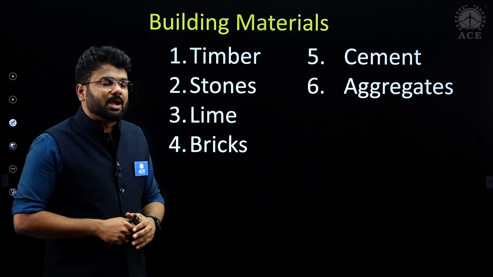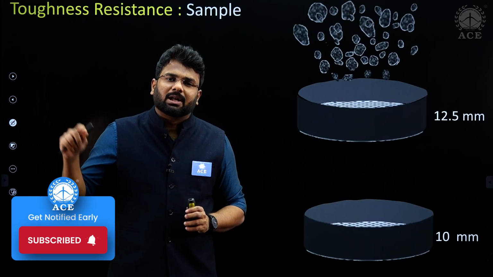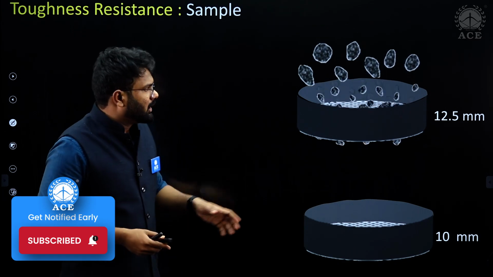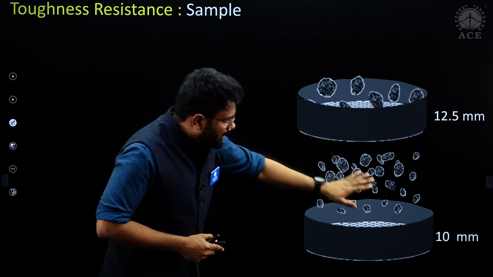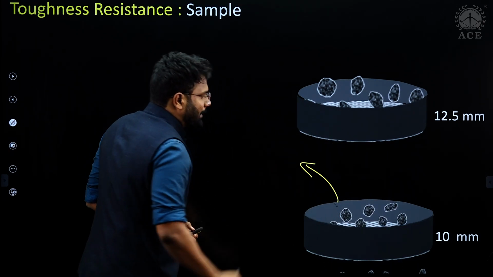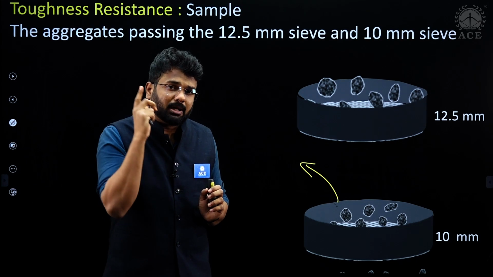Next, we will move on to aggregates. Different tests we have to perform, namely, let's say the toughness test, how you have to prepare your sample. Understand, it will be passed through 12.5 mm, then it will be passed through 10 mm, and whatever is left will be your sample. Clear? This is how you will get your sample.